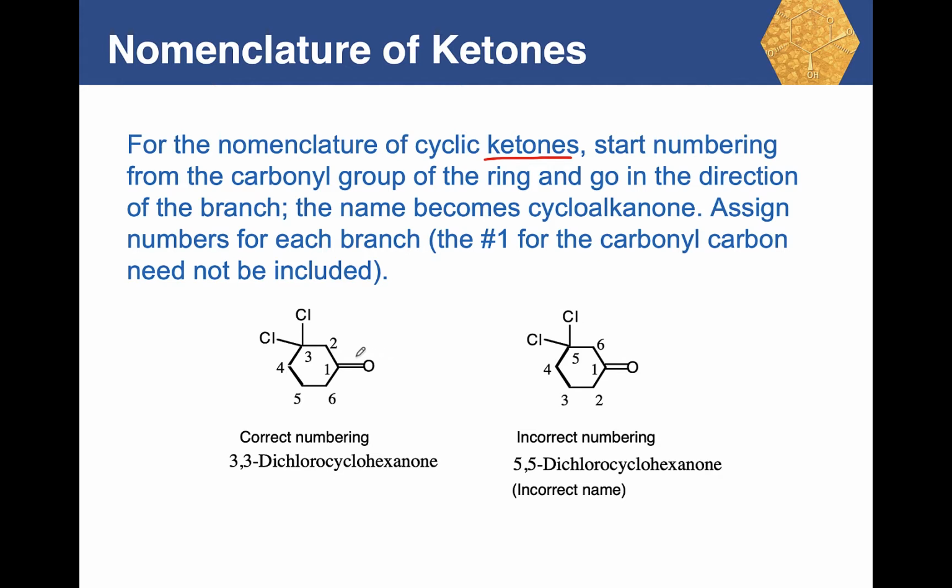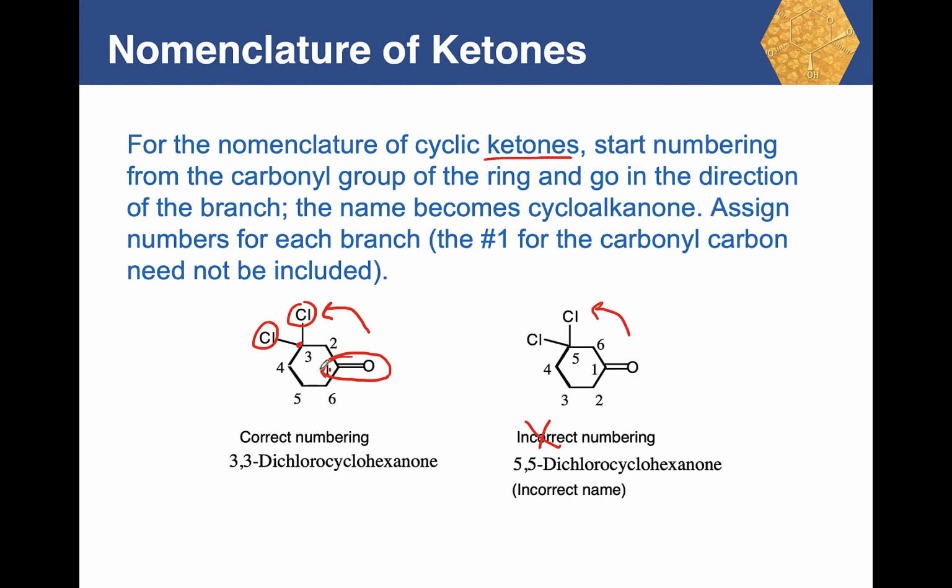Here it is, the carbon-oxygen double bond right here. It gets number 1. And you continue numbering in the direction of the branch. So here's a branch, 2 chloro groups. So we number in this direction and not this direction.